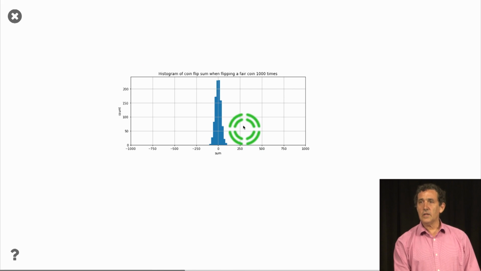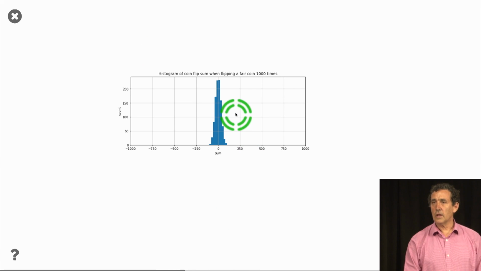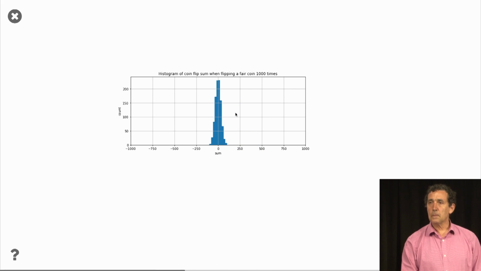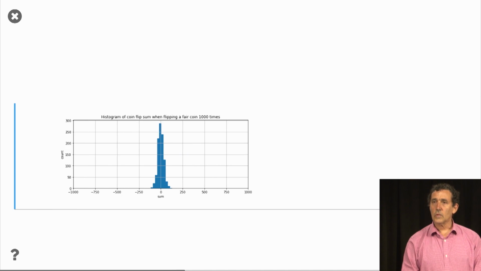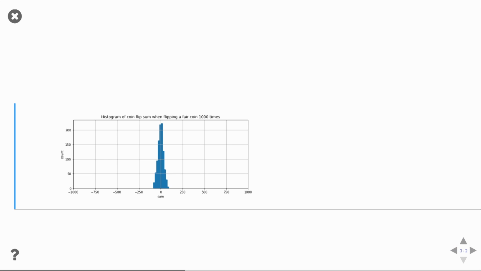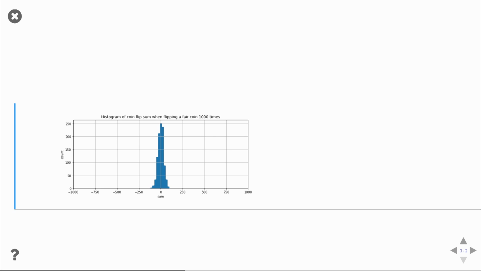Here is a histogram that shows, for flipping a coin 1,000 times, the distribution of this sum. The sum is about 0, but as you see, it's not exactly 0. Every time that I rerun this experiment, the histogram that you get is slightly different.